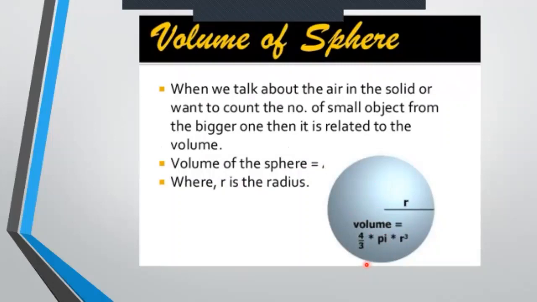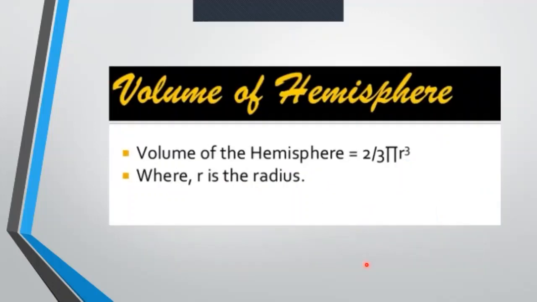So we can talk about the amount of air inside a sphere or a hemisphere, or the amount of water or any liquid contained in these shapes. So the volume of a hemisphere is 4 upon 3 pi r cube divided by 2, which is 2 upon 3 pi r cube. Again, I write the same thing, where r is the radius.